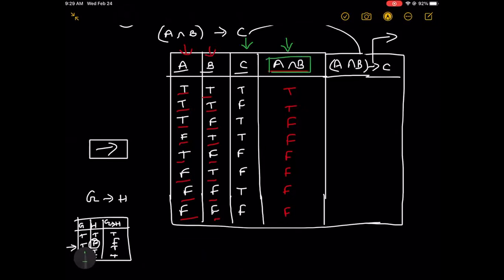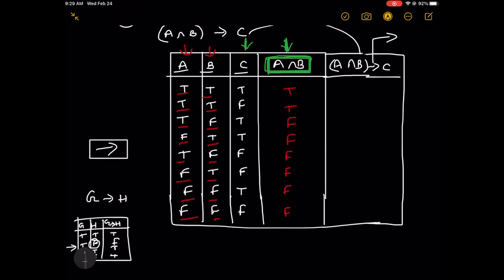That's a quick reminder. C is the second condition, that means the consequent, and this one is the antecedent, right? So that means we're looking for a row where this A and B is true, but C, the second column, is false. First of all, are you guys with me?